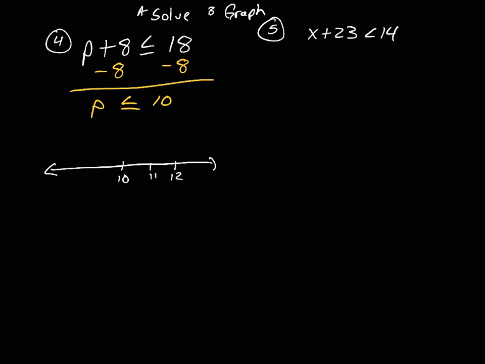I'm going to do a couple numbers larger than 10 and just a few smaller than 10. I'm going to place a circle at 10 and fill it in because of the equal sign that's underneath the less than sign. And then I'm going to go to the left because p is all the numbers smaller than 10.